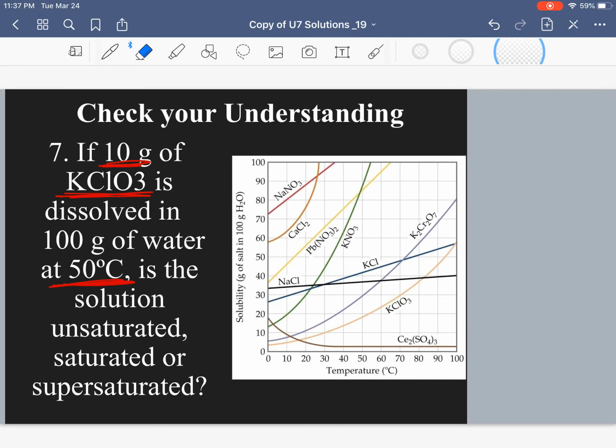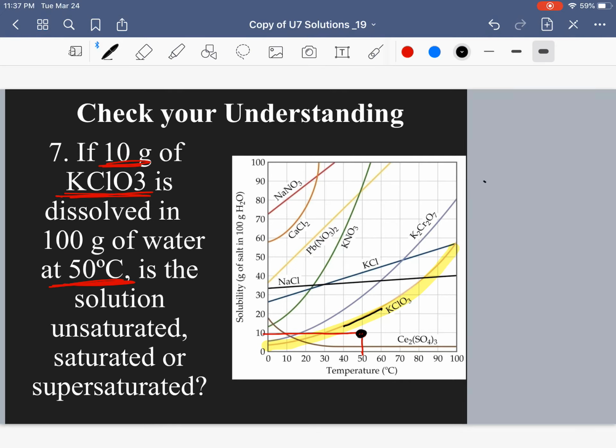And now I'm highlighting the wrong one. KClO3. Make sure you're always paying attention to which one you're highlighting. Don't make the mistake Miss Simmons just did. All right, so 10 grams at 50 degrees Celsius. Here's our 50. Whoa, look, here's my line that I'm interested in, but here's my dot.